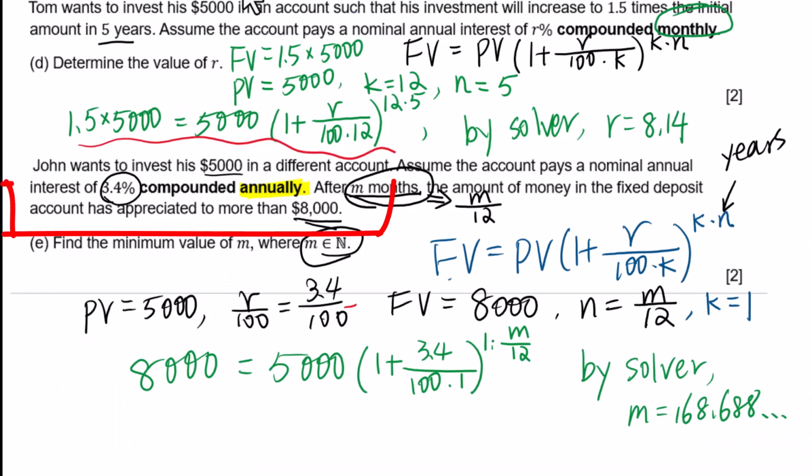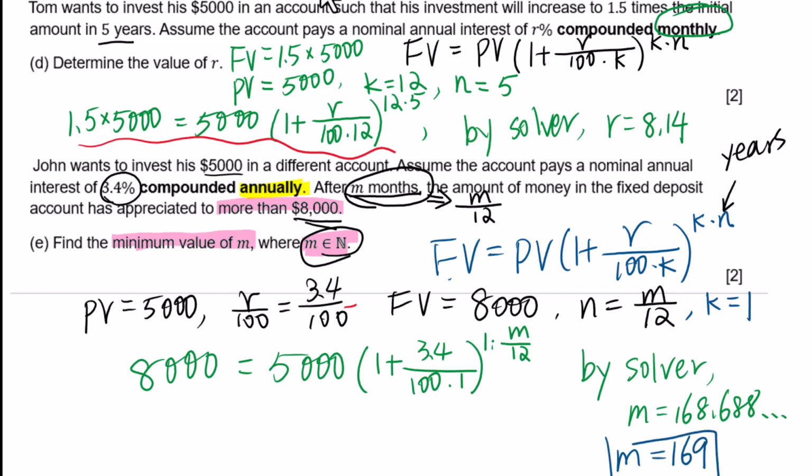Read the question carefully. We want to figure out minimum value of M, and this M is a counting number. So we have to round up so that we can get this future value more than $8,000. So M equals 169. This is the minimum value of this M.